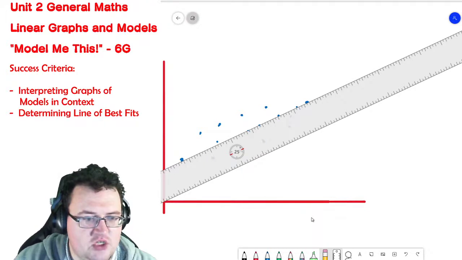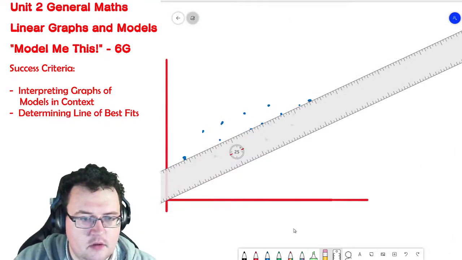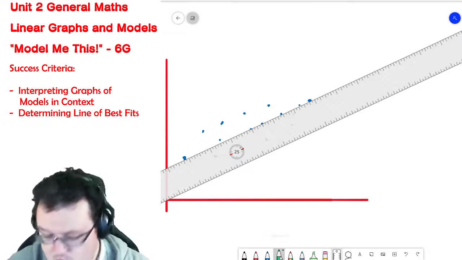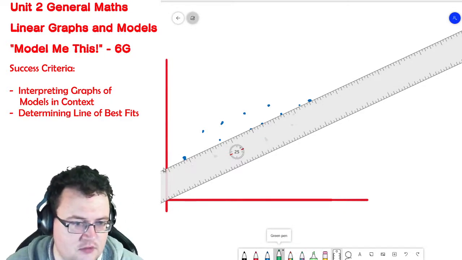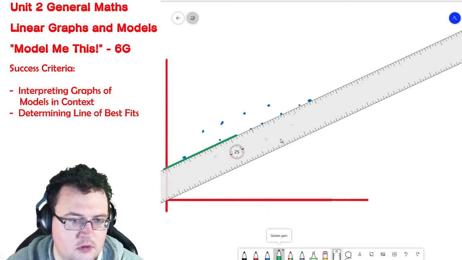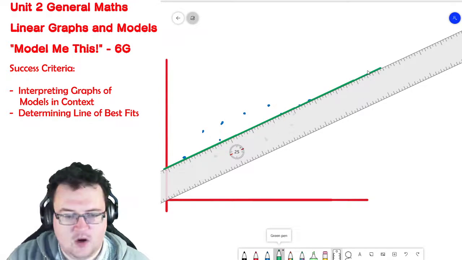So the leftmost dot with the rightmost dot. And from there, I'm going to draw a line that passes through those 2 points. All right.